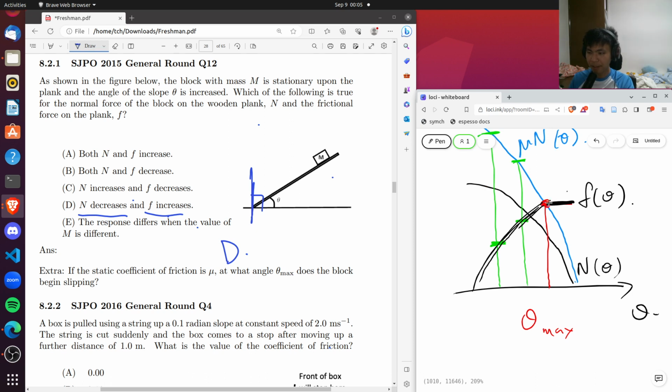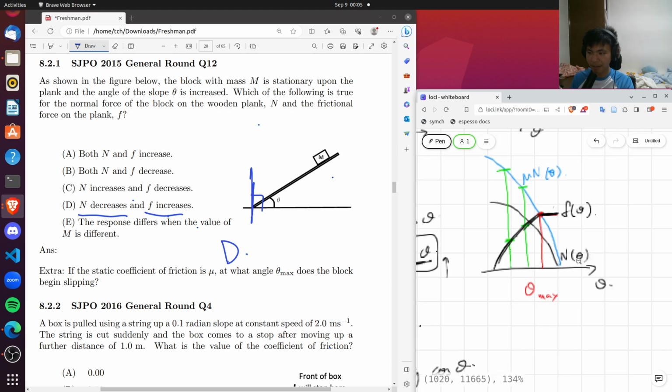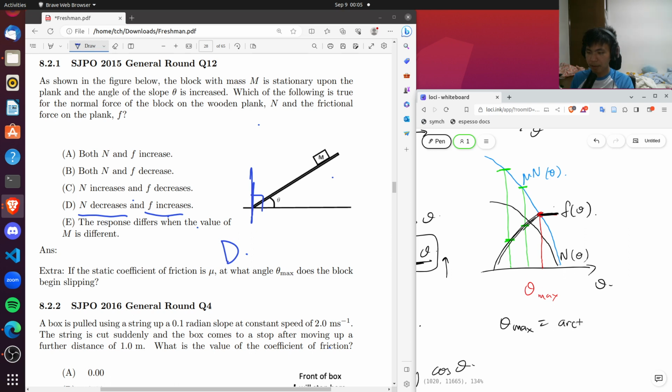And we know that the relation of theta max is arctangent, or rather tangent inverse of mu. So that is the answer to the extra question. Tangent theta max is equal to mu. And this is a common result.